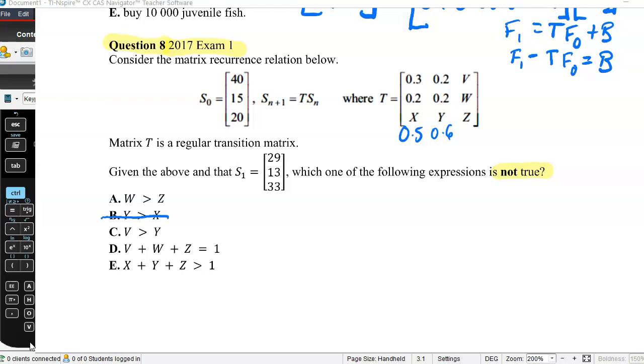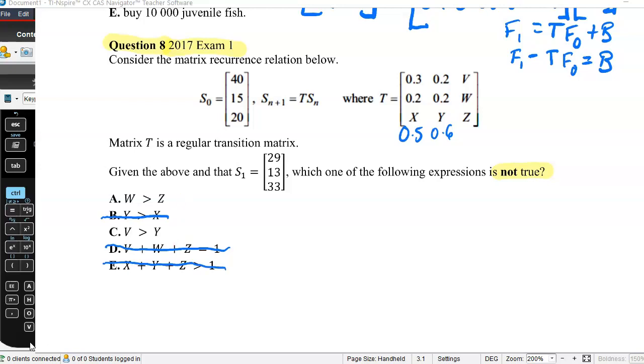We also know v plus w plus z is going to add up to equal 1. So that's true, so that's not the answer here. Right, we can get rid of this one, can't we? Because 0.5 plus 0.6 is already greater than 1. Now let's have a look at some of these other ones.